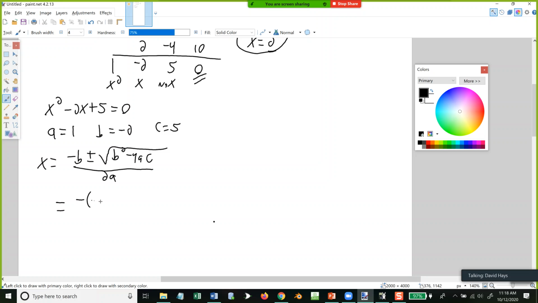So negative, negative 2 plus or minus square root of negative 2 squared minus 4 times a, which is 1, times c, which is 5, all over 2a.